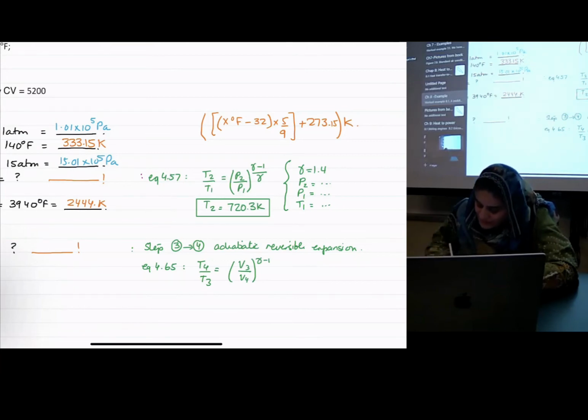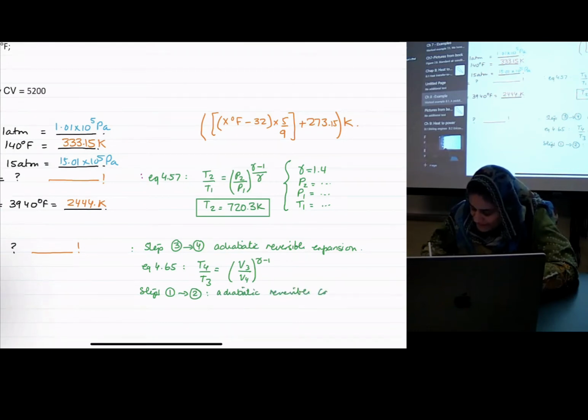And I also know that steps 1 to 2 is adiabatic reversible compression. So then I can write T1 over T2 equals V2 over V1 to the power gamma minus 1.